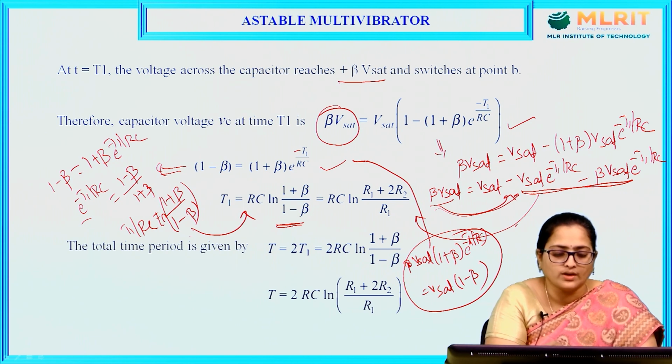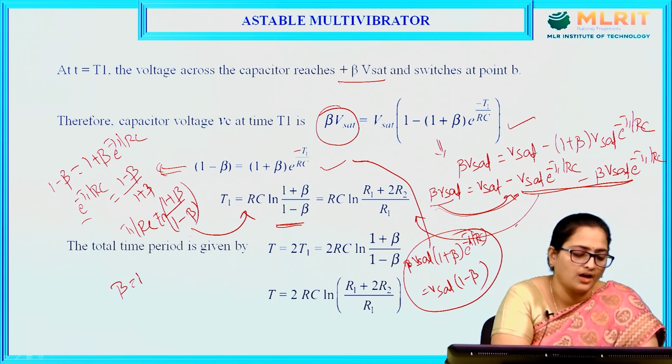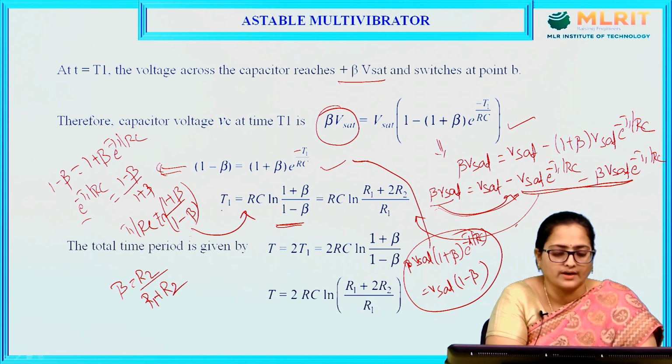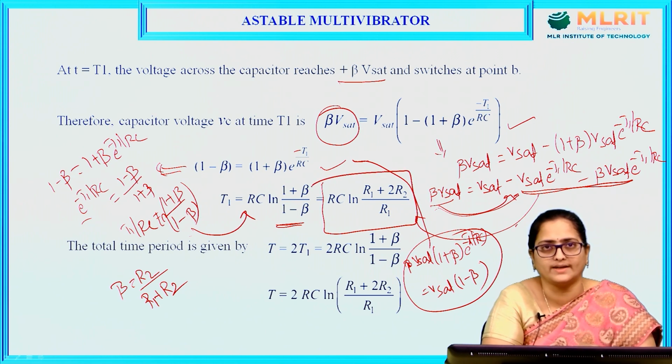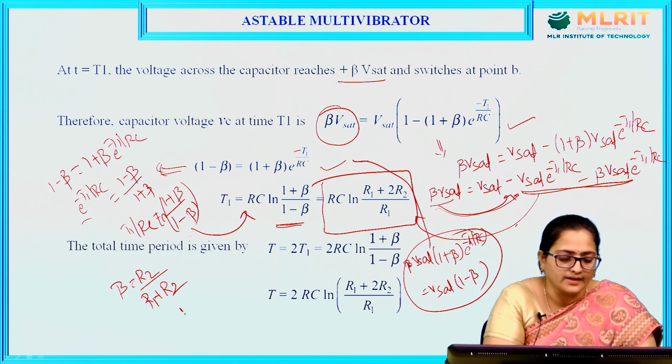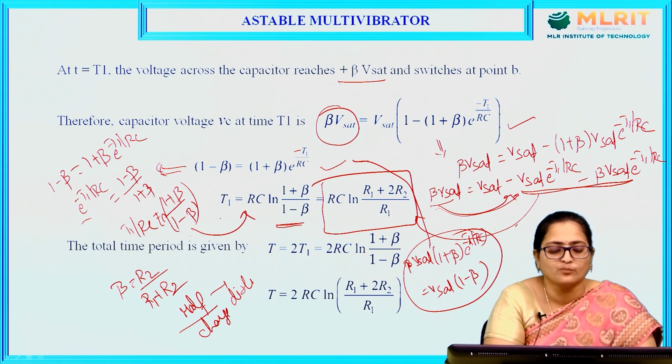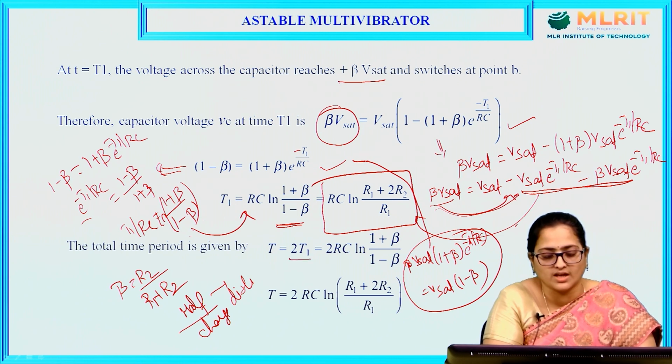So, by substituting beta value as R2 by R1 plus R2, you can write the expression as RC log of R1 plus 2R2 divided by R1. This is the time period for a half cycle only, when the capacitor is charging. For the full cycle, that is when the capacitor is discharging also, you need to consider for writing the time period, which is given as 2t1.